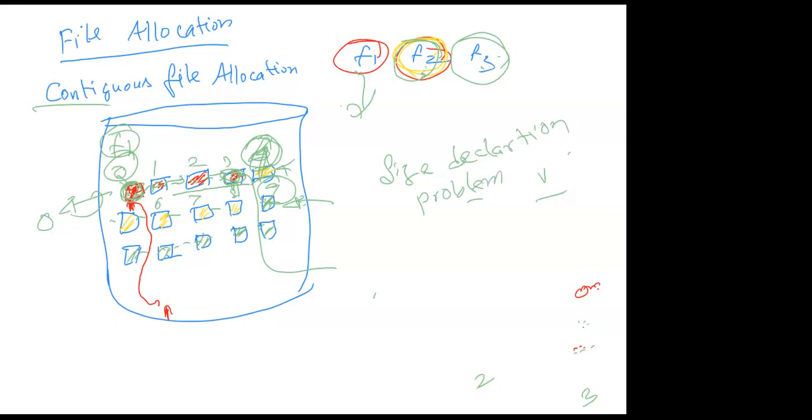So what is the size declaration problem? Let's take the previous example. You have a total of 3 files, F1, F2, and F3. You have allocated four blocks for file F1, and they are full.